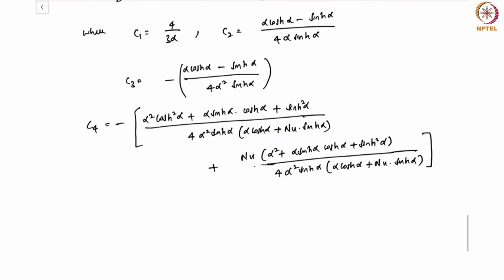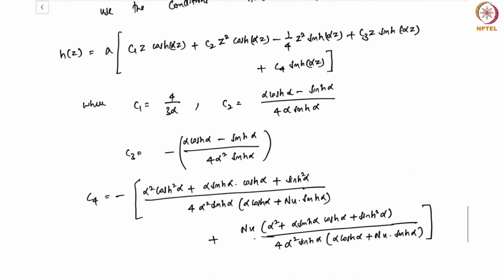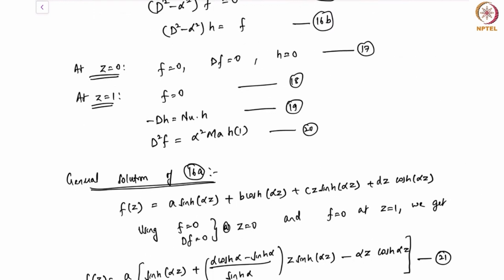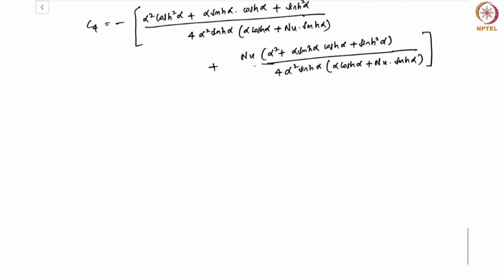So we have now basically obtained the expression for f of z and h of z. We still have not used one condition. What condition is that? We still have not used equation 20. That's the condition for the tangential stress condition at the interface.